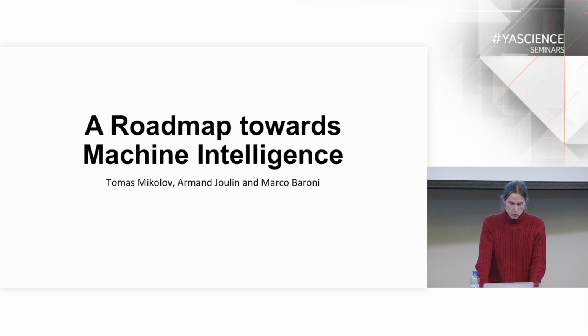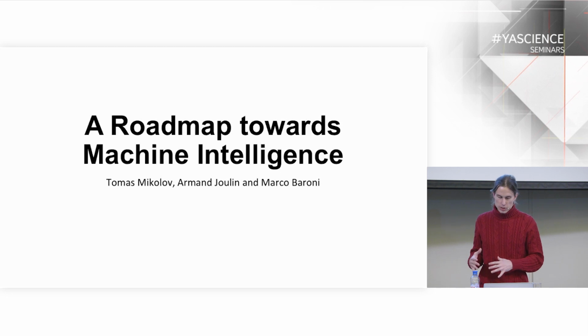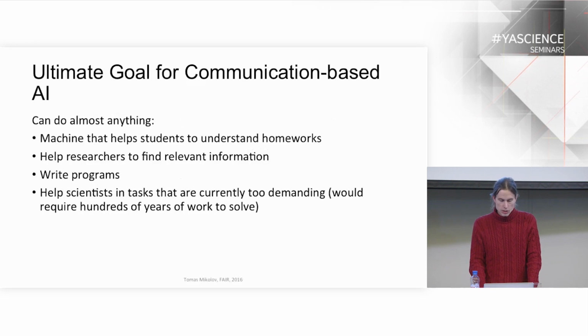The paper is called Roadmap Towards Machine Intelligence, where we try to turn around the approach a bit. Instead of trying to find the simplest patterns that break our models and then try to solve them, because that may not be completely convincing, as it's not showing the real goal of what we want to achieve, we first defined what we would like to do, how artificial intelligence should look, and then we need to think about how we can get there.